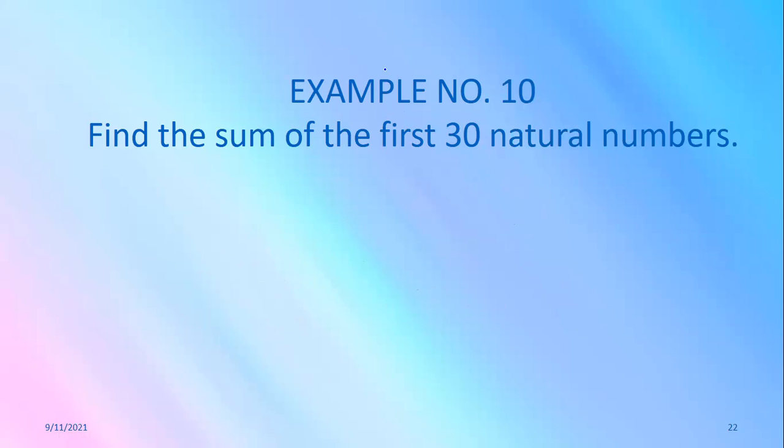Ibig sabihin, first 30 numbers daw ang kinakailangan. Okay, so yung a sub 1 natin, alam na natin yon. So pag hindi specify, 1 yon. Ang nth term natin, of course, first 30, ang last number is malamang 30. Number of terms, of course, that's 30 then, no?